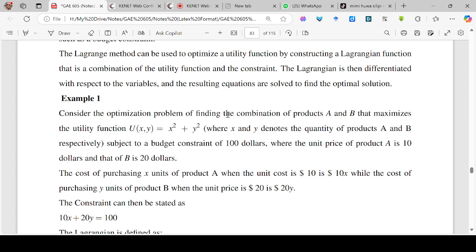So in this case, the problem is to determine the values of x and y that maximize u, subject to the fact that you only have $100.